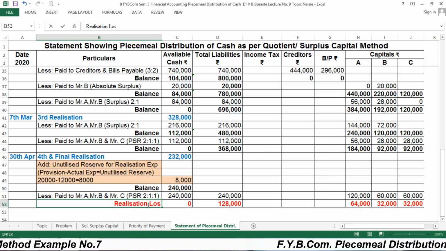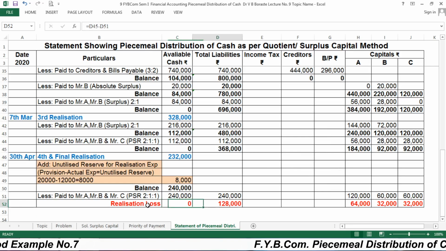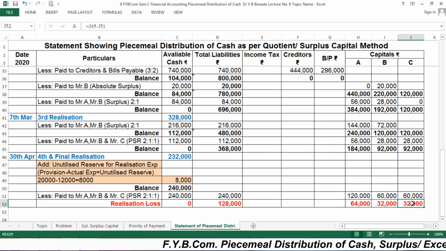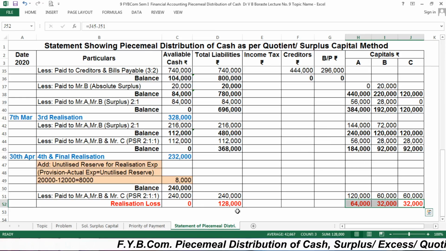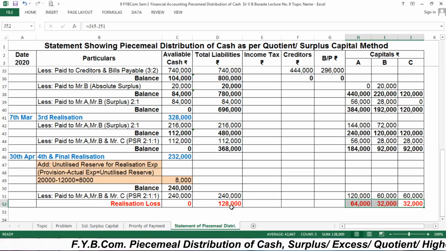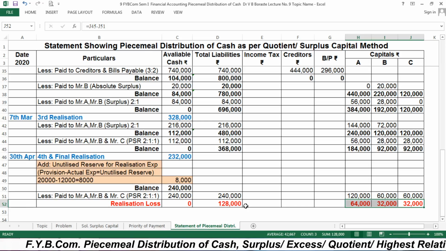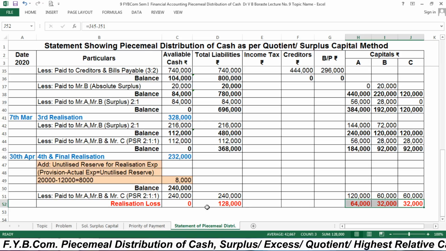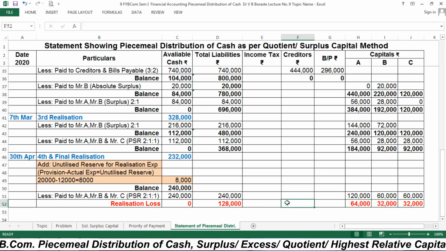So we have a realization loss of rupees 1,28,000, which is borne by Mr. A 64,000, Mr. B 32,000 and Mr. C 32,000. So the total of Mr. A, B and C comes to 1,28,000. That is the total liability balance which is not paid, which is to be called a realization loss.